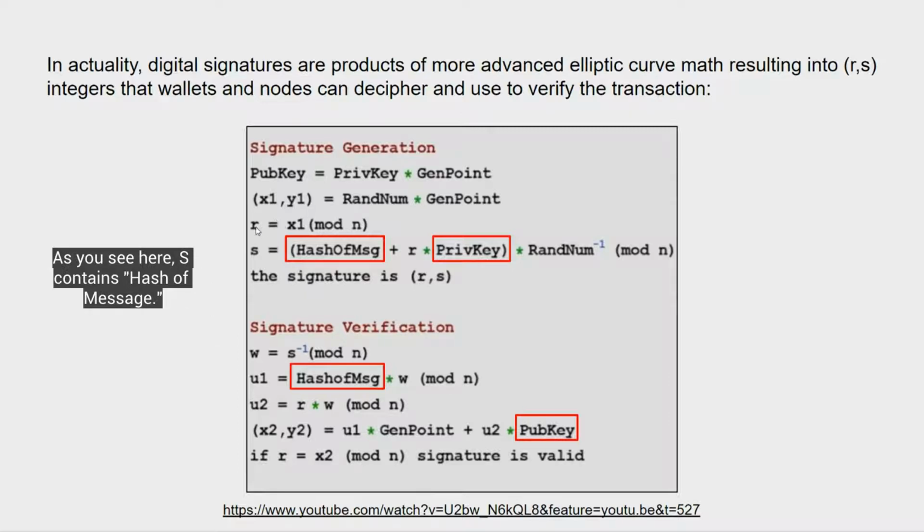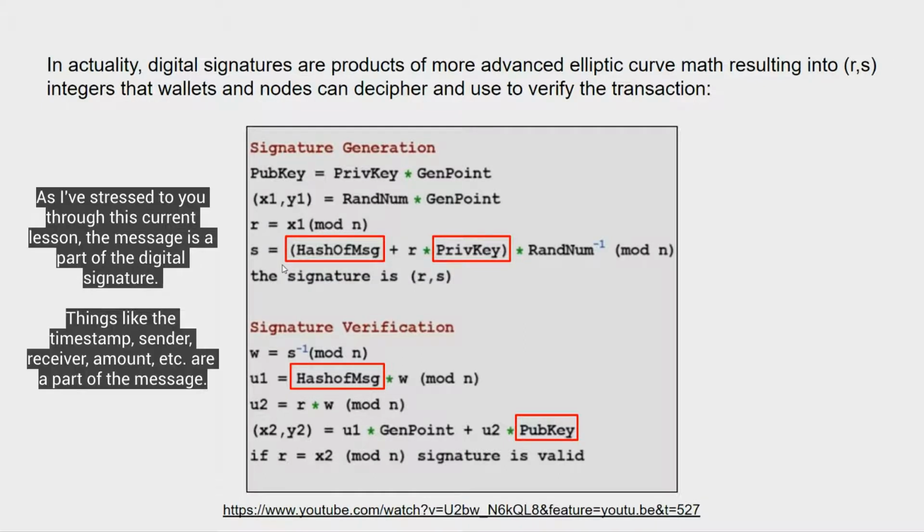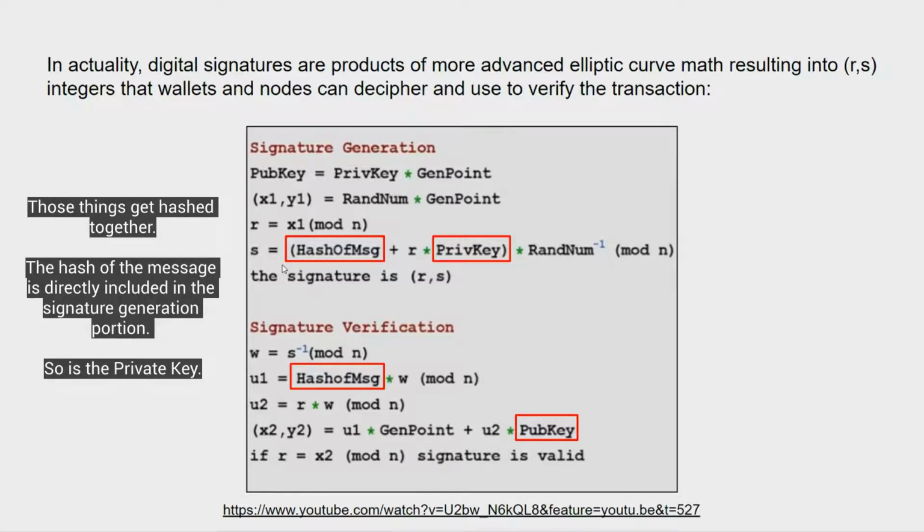So as you see here, S equals the hash of the message. As I've stressed to you through this digital signature lesson, the message is a part of the digital signature. The sender, the receiver, the amount being sent, the date and timestamp, different things like that are a part of the message. Those things get hashed together, as we discussed in previous videos, what hashing is.